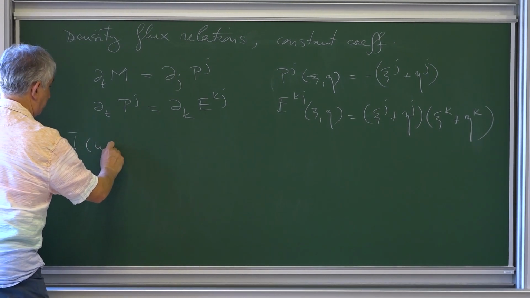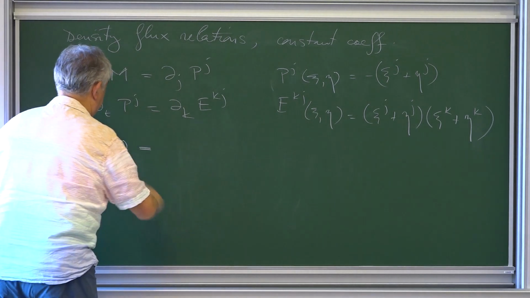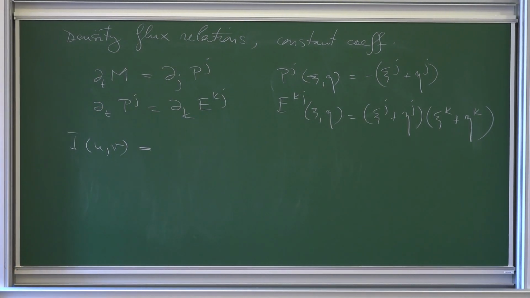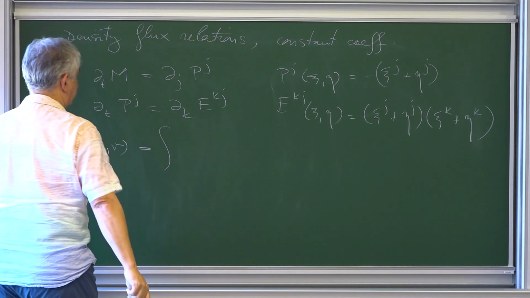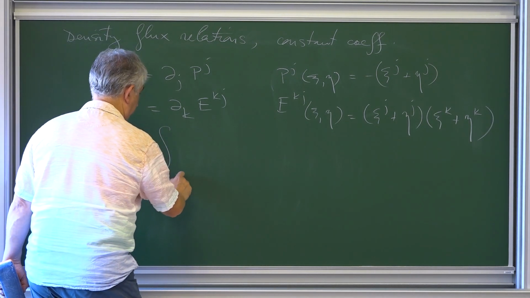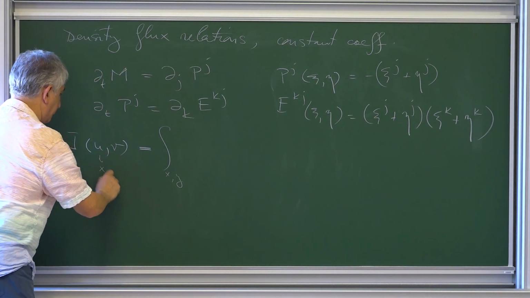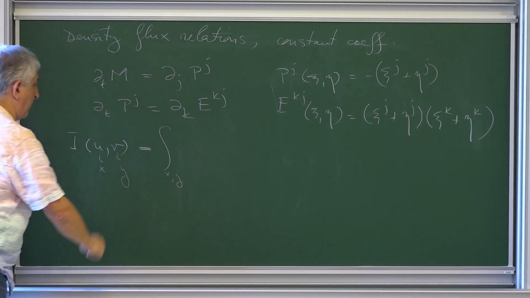So if we have two solutions to two Schrödinger equations, the interaction Morawetz functional gets a little bit more complicated here. This will be an integral over two variables, x and y, same as before, and u is associated with x, v is associated with y.